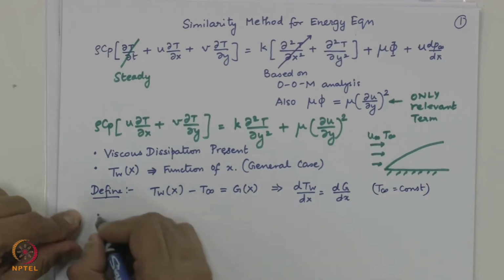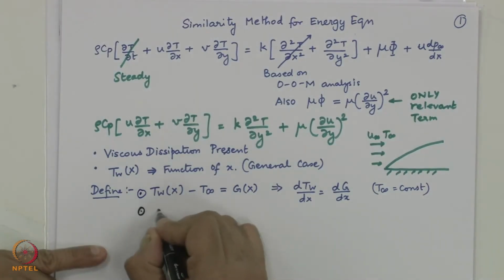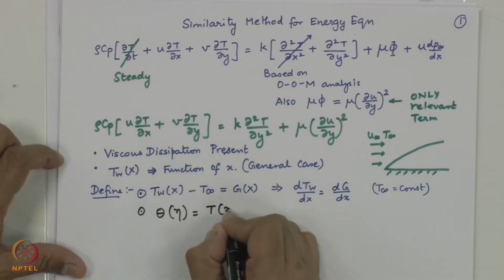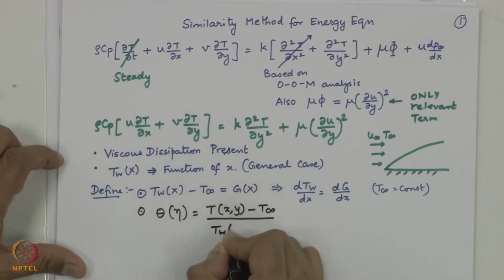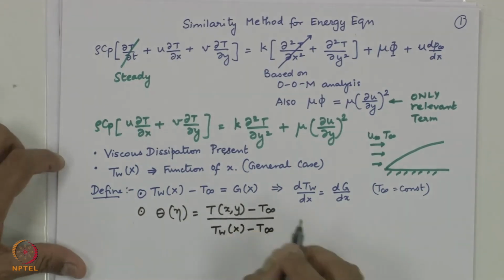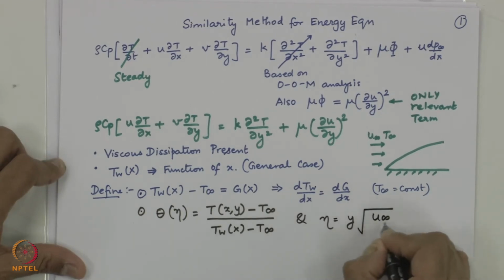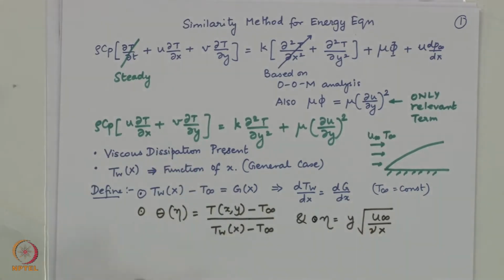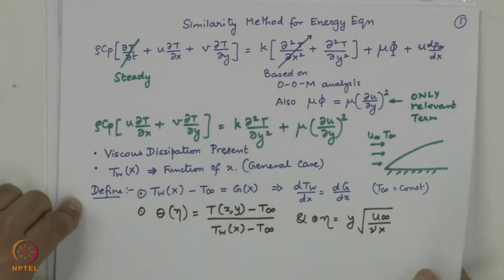Second quantity, let us define theta, which is a non-dimensional temperature, as T of x comma y minus T infinity divided by Tw of x minus T infinity, and of course eta is equal to y times the square root of u infinity by mu x. So these definitions are going to be important for us. Tw minus T infinity is g of x.